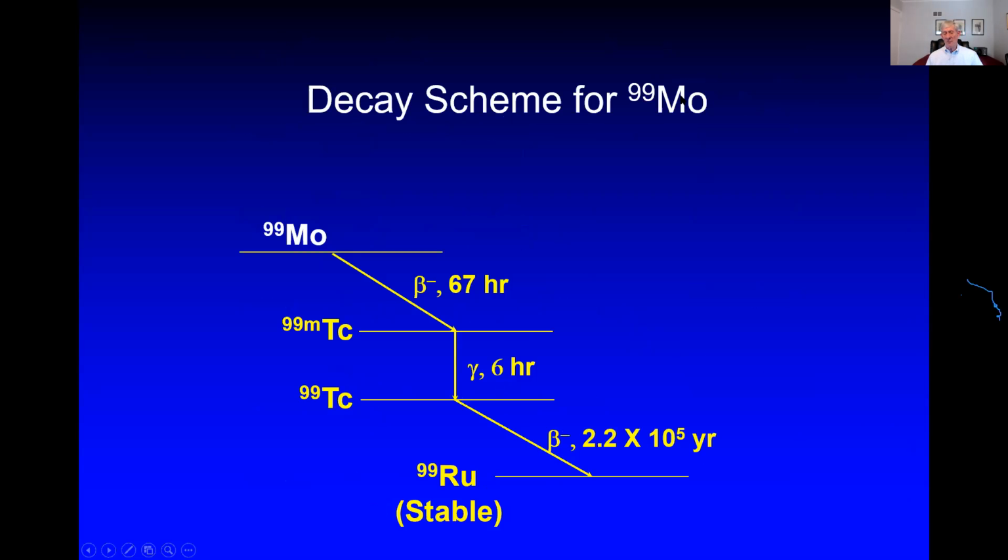This is a decay scheme for molybdenum. And this says molybdenum decays by beta minus decay to the ground state. This decays by IT to the metastable state. This decays by IT from metastable to ground. This further decays by beta minus to ruthenium, which is stable, but the ground state has 220,000 year half-life.